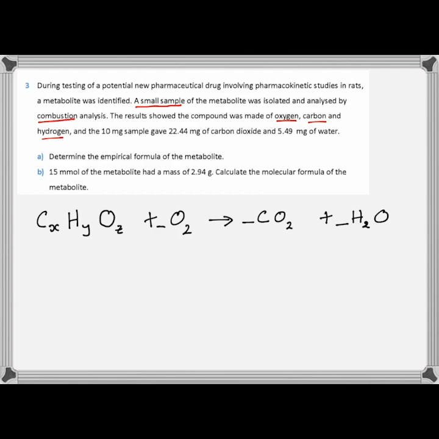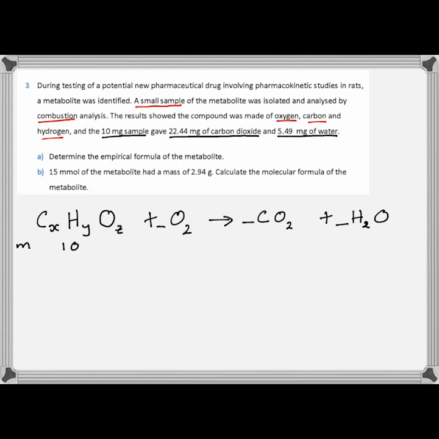So the first thing we do know is how much carbon dioxide and water: 22.44 milligrams of carbon dioxide, 5.49 milligrams of water. We know that's how much was produced when we burnt a 10 milligram sample. So we're starting with 10 milligrams of this, and we don't know the number of moles. This is a mass value, and it's in milligrams.